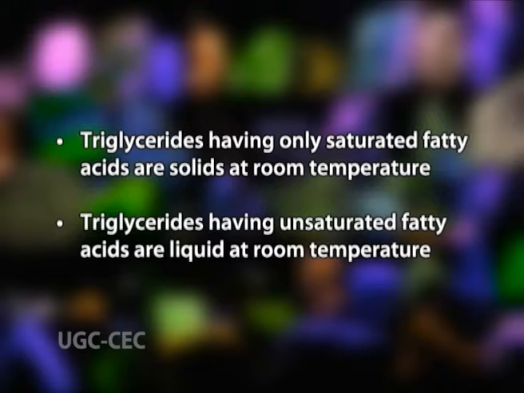The triglycerides which have only saturated fatty acids, that is the acids having only single bonds between their carbon atoms, are solid at room temperature, while the ones which have unsaturated fatty acids, that is acids with one or more double bonds in them, are liquid at room temperature. The example of solid triglycerides is the animal fat, while soybean oil is the example of liquid triglycerides.